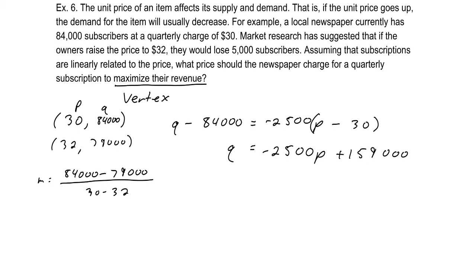Okay, now we're wanting to maximize their revenue. So all of this was built up to this point. Okay, we want to use this equation. The revenue is going to be equal to, and this is an important thing in business, revenue is the price times the quantity. Let's go ahead and use a capital Q for this.